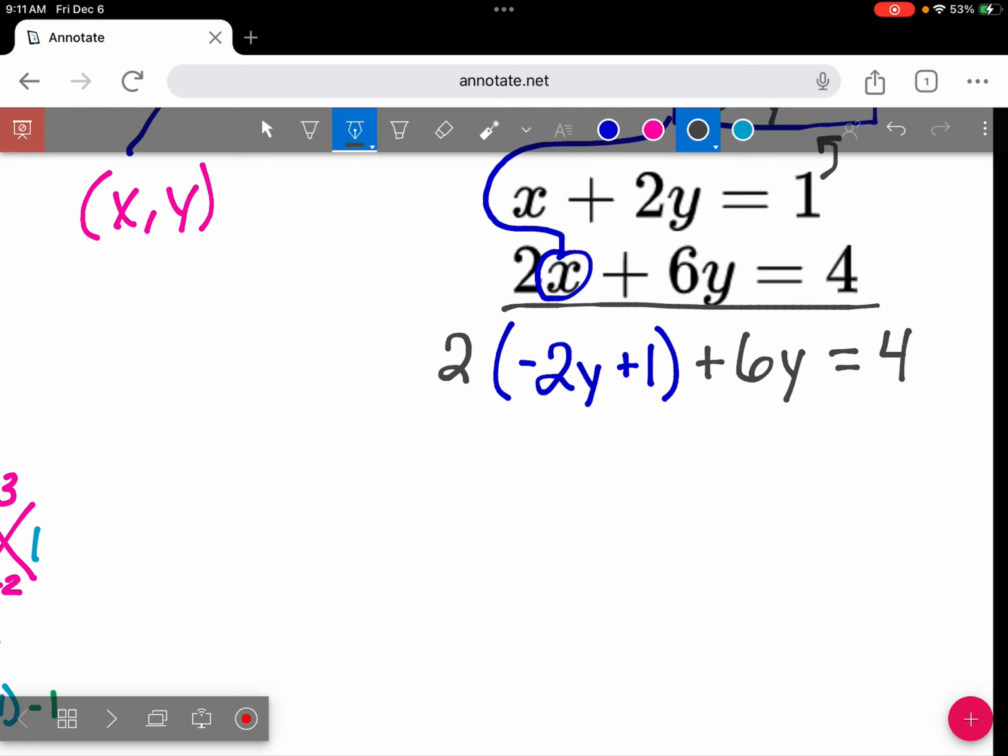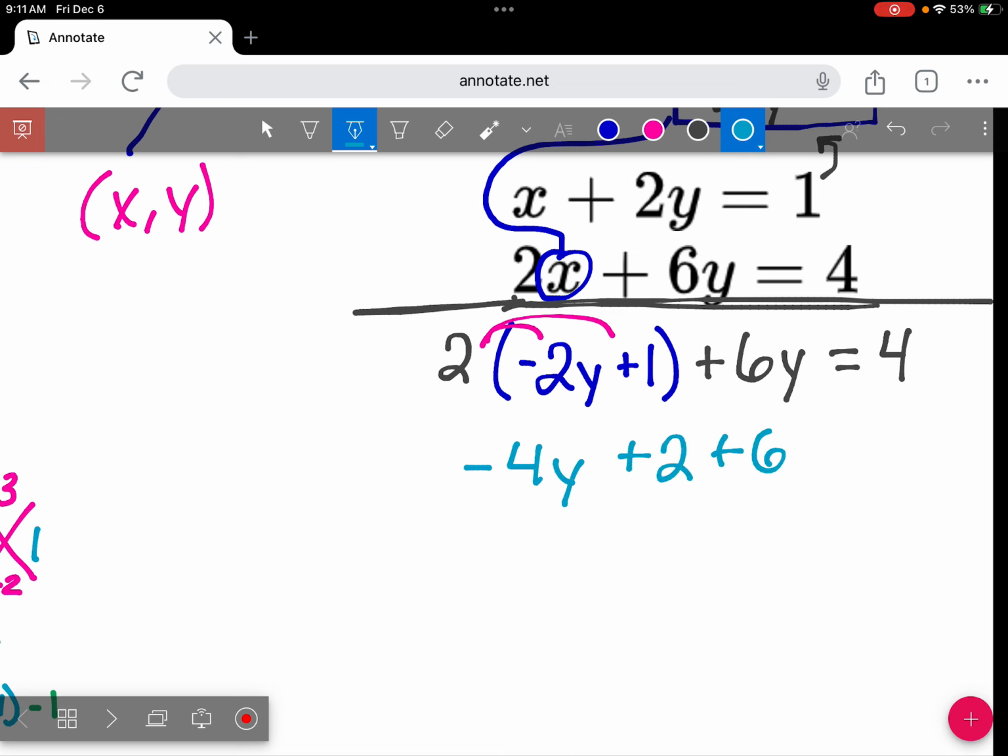What do we do next to solve this piece? Distribute. I need to distribute this 2 through. So we're going to have negative 4y plus 2 plus 6y equals 4.